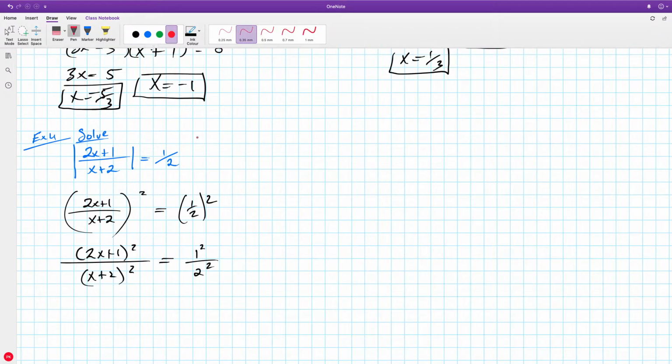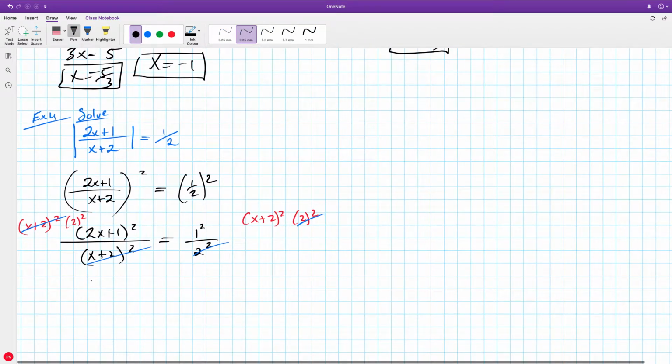Any idea what we'll do from here to make life easier? Multiply across by (x plus 2) squared and 2 squared. (x plus 2) squared and (x plus 2) squared cancel, 2 squared and 2 squared cancel, or 4, if you want to say 4.